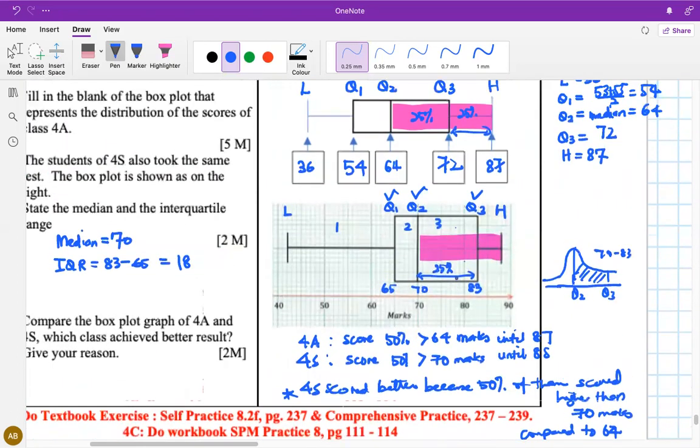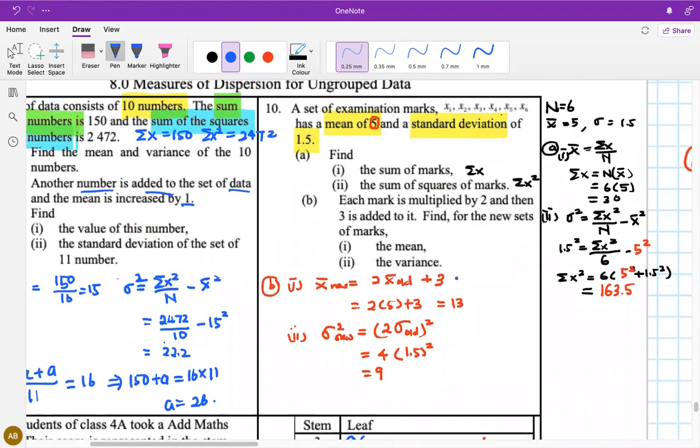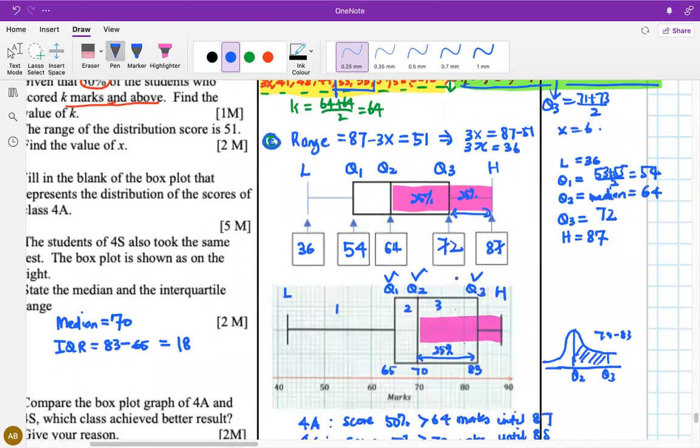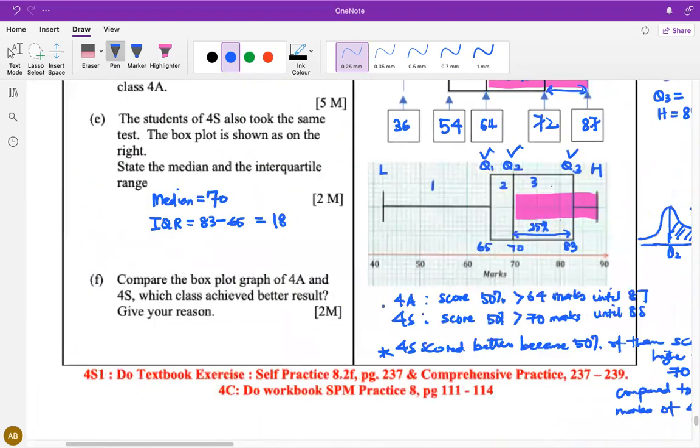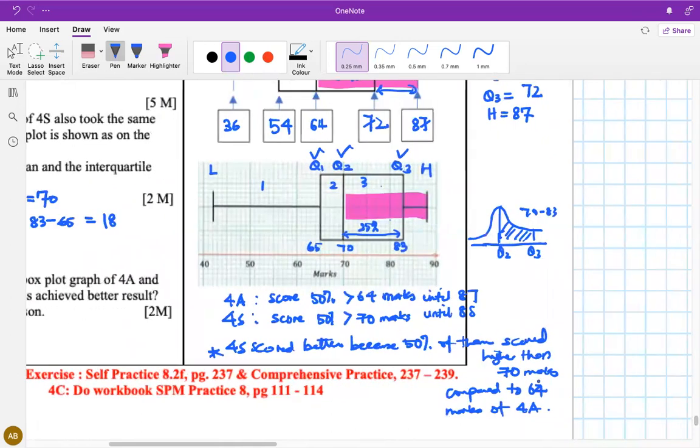All right. So these are the last two questions that I explained in this video. If you don't understand, please ask, especially F here, how to compare, how to write the reason, but it's 2 marks only. So you choose the correct class, you get 1 mark, and then your explanation is 1 mark. So I already said you can use 50%, right?